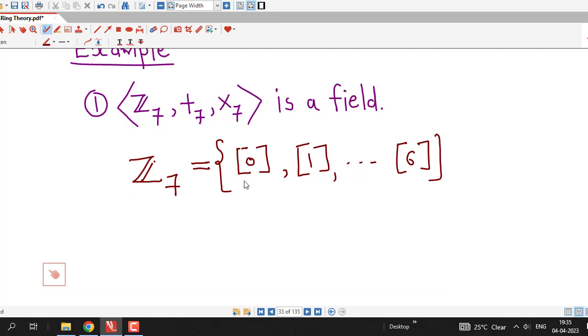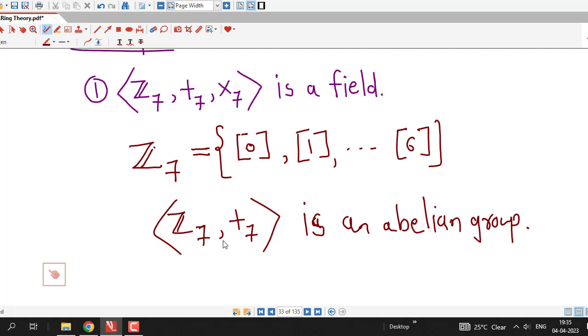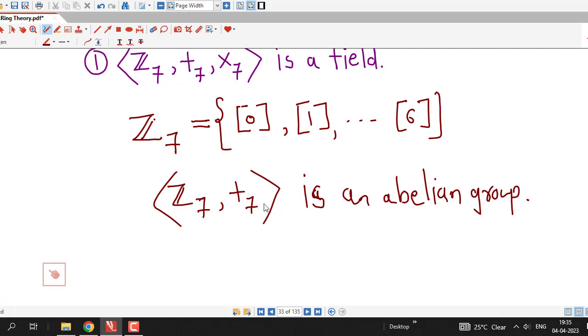So we can check that Z7 with addition operation is an abelian group. We have discussed this modulo group in the lectures on group theory, so you can refer to those lectures, and you can check that Z7 with addition modulo 7 becomes an abelian group.